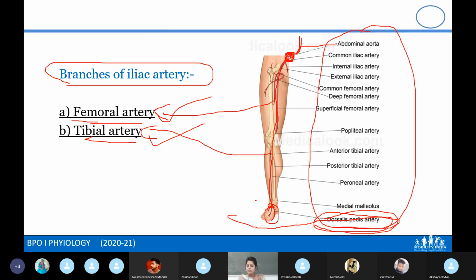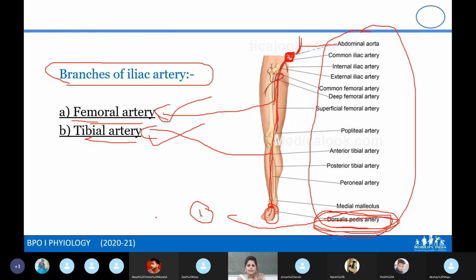Because in the upper extremity you check pulse using the radial artery, but in the lower extremity, where will you check? You are checking the very common artery, that is the dorsalis pedis artery. The first artery to feel the pulse in the lower extremity is the dorsalis pedis artery.